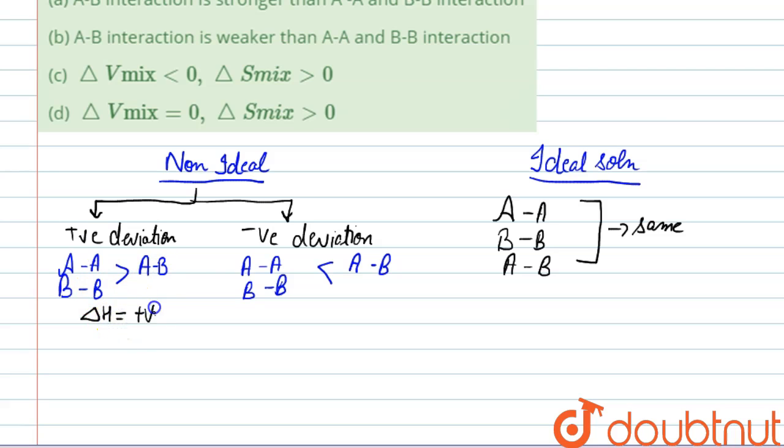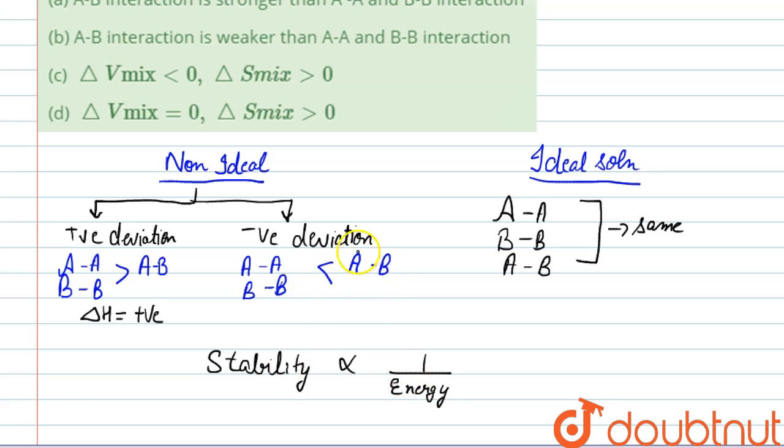then the value of delta H will be positive. But in case of negative deviation, we are given that AB is more stable. We know that stability is inversely proportional to the energy of the compound. If it is highly stable, it will have the least energy, or vice versa, if it has higher energy, it will be less stable.